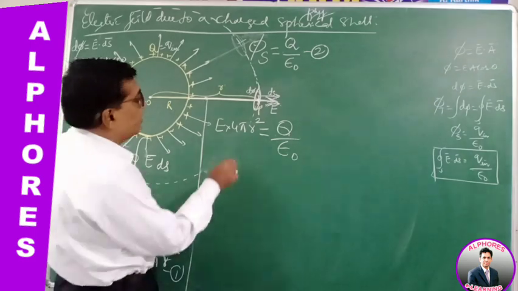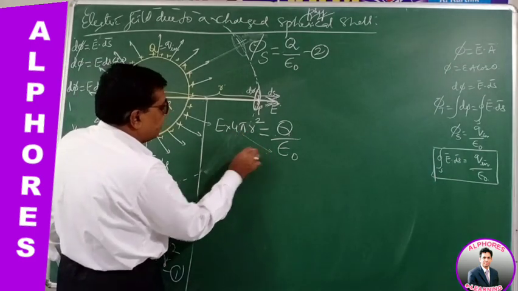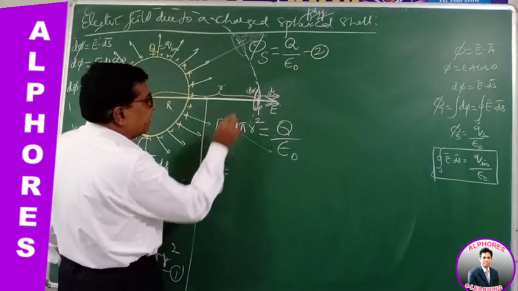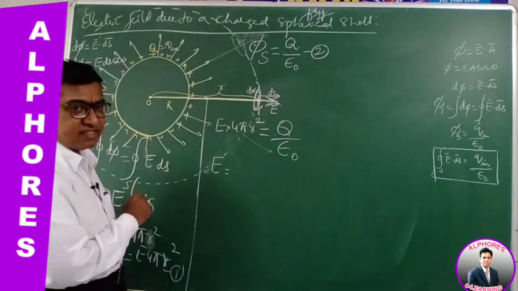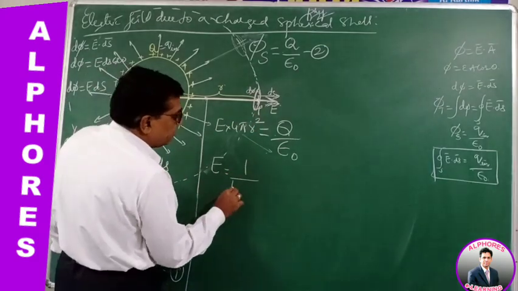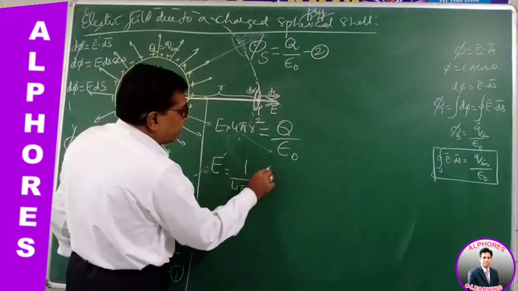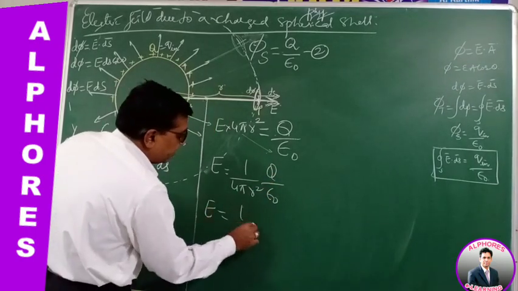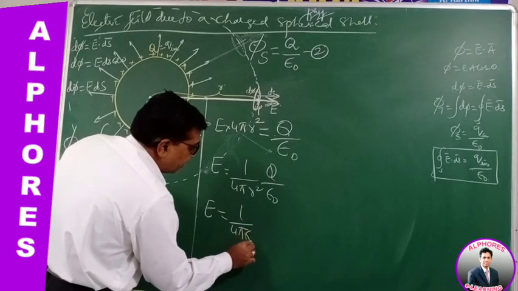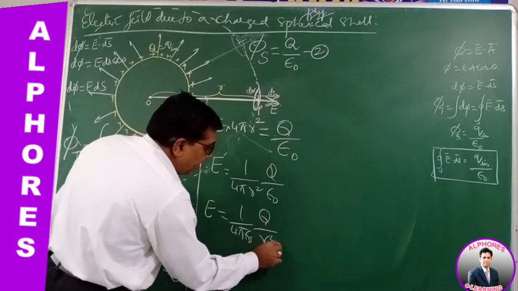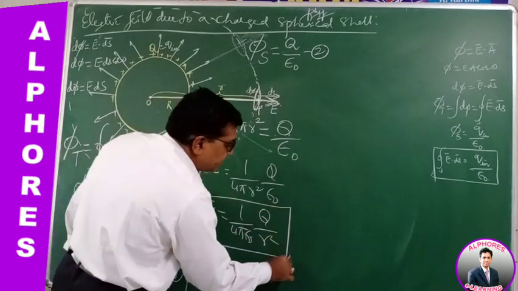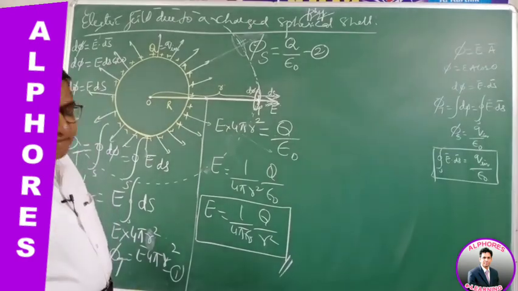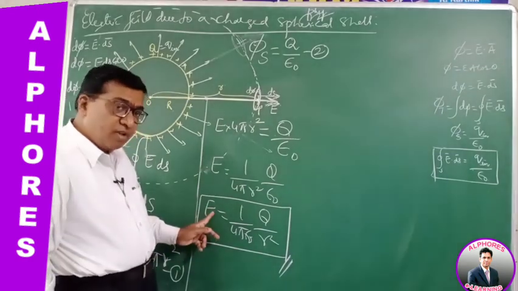Now take this down there. The electric field intensity at any point on the Gaussian surface is 1 by 4 pi r square times Q by epsilon naught, or the electric field is 1 by 4 pi epsilon naught Q by r square. This is the magnitude of the electric field E.